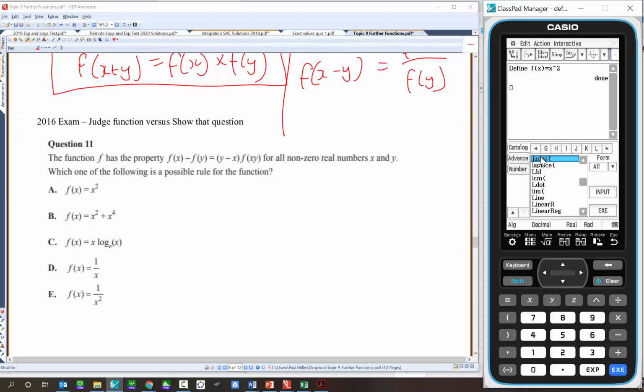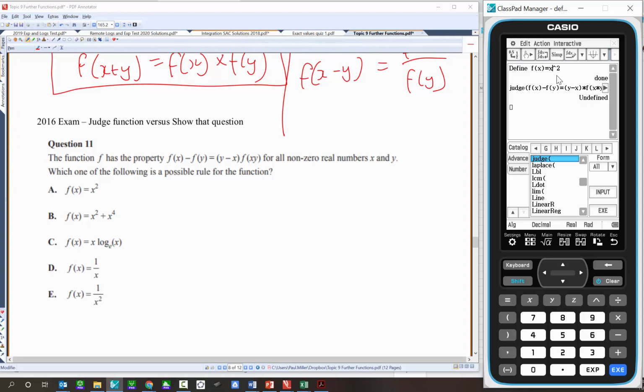Now we're going to judge, and we put in the identity as it appears in the question. Now notice, and this is really important to note down, if it's not true, it says it's undefined.